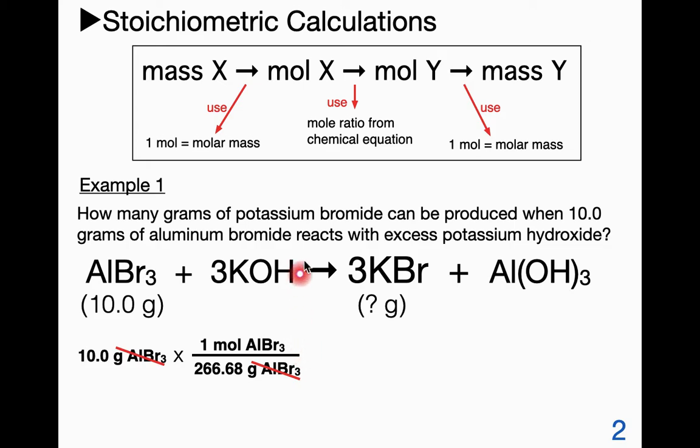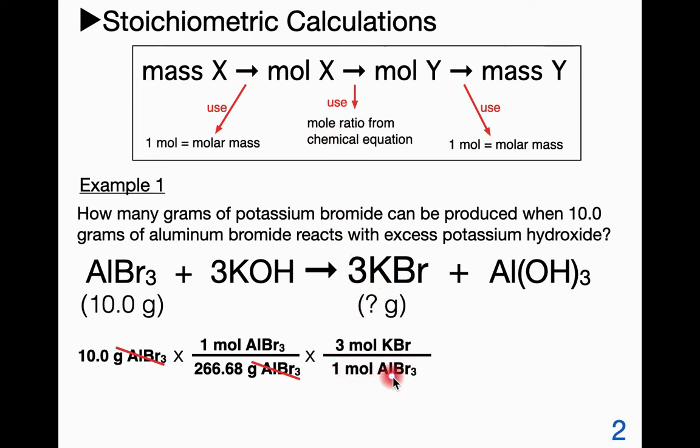So the next step will be using the mole ratio. This will be the first time that we mathematically use a balanced chemical equation to make a conversion. From our chemical equation, we can see that for every 1 mole of aluminum bromide, we will make 3 moles of potassium bromide. That's going to be our next step, the mole ratio.